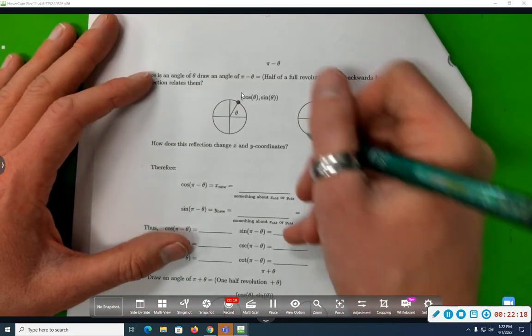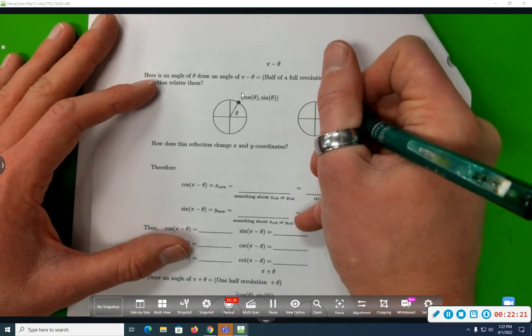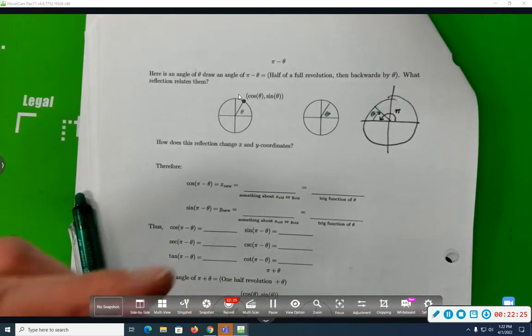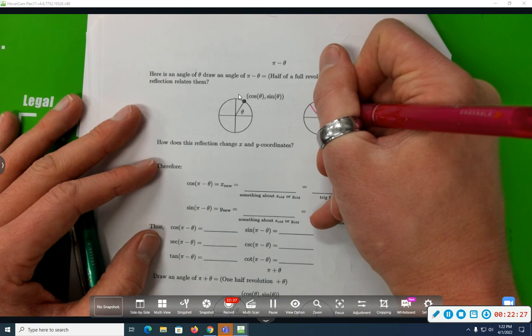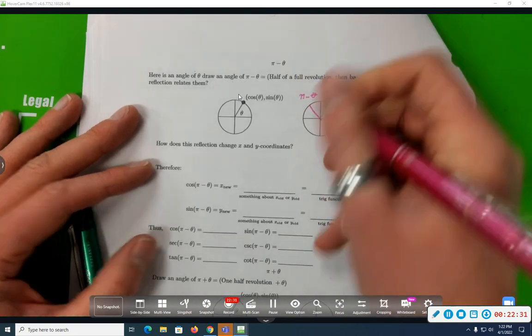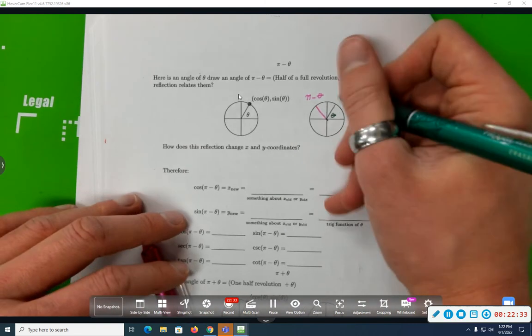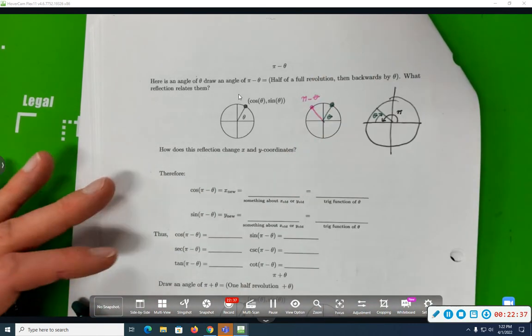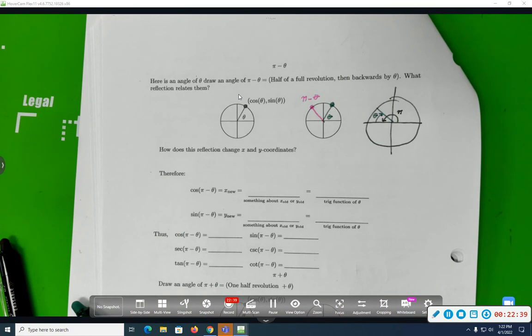So if there's my angle theta, here is the angle of pi minus theta. And now that we have this picture, how do the xy coordinates of the pink line and the green line compare? Well, I guess first, what reflection relates them?